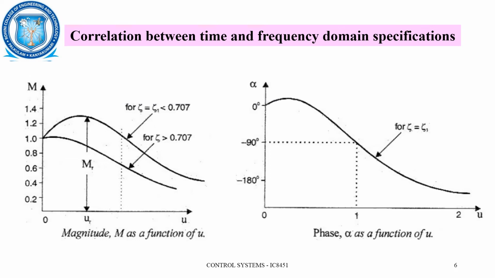Looking at the phase angle value, when u is equal to 1, that is, omega and omega n are equal, the normalized frequency is equal to 1, and at that time the angle is minus 90 degrees.